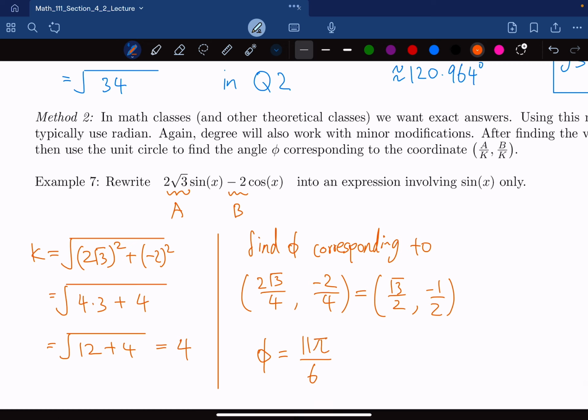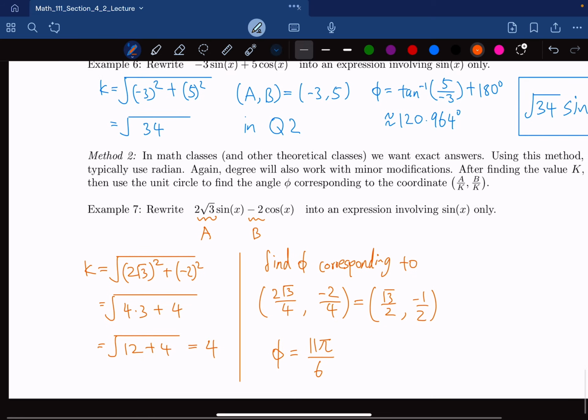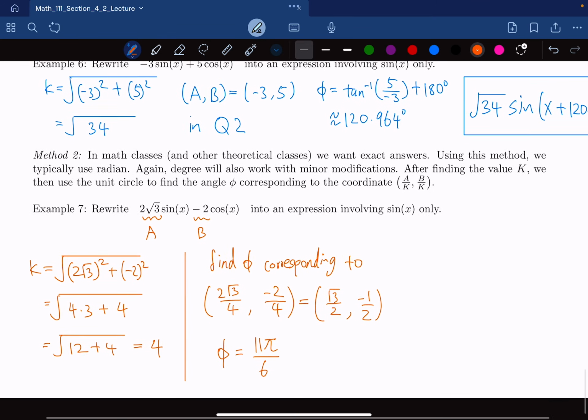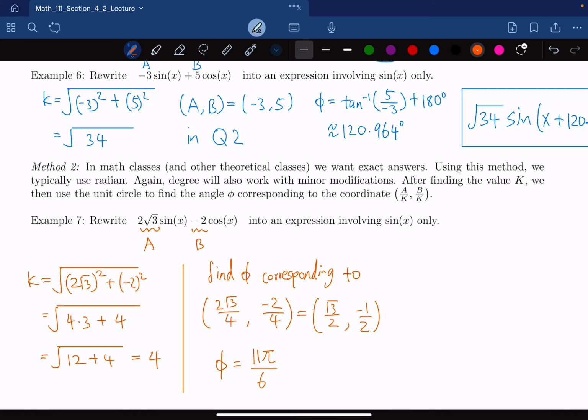Because everything in quadrant 4 follows this pattern, in which the numerator is 1 less than twice the denominator. So we find our phi, which is a lot simpler than before, in my opinion. So the final answer here is just going to be 4 sine of x plus 11 pi over 6.